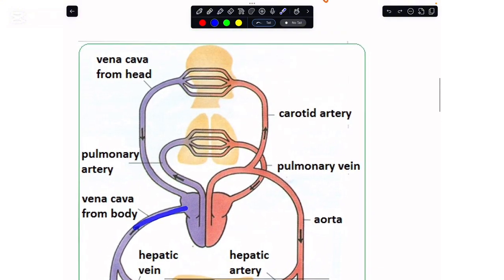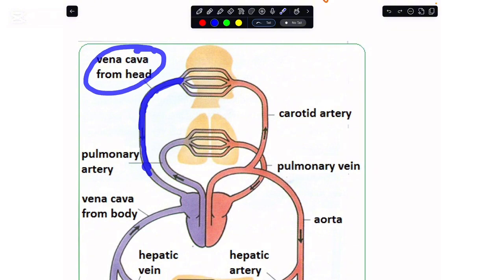Likewise, the deoxygenated blood from the head and neck is brought back by the jugular vein and the subclavian vein, and collectively they make the superior vena cava.